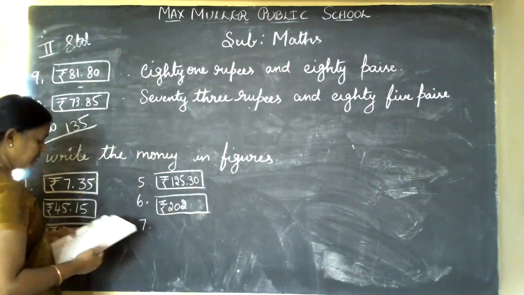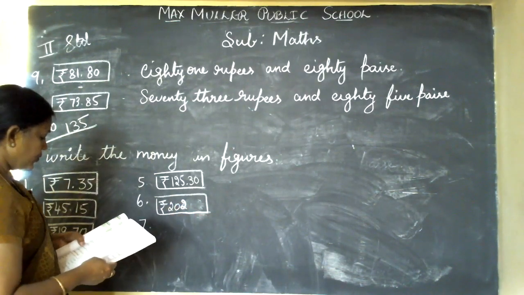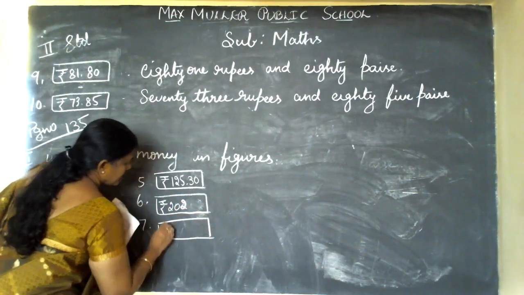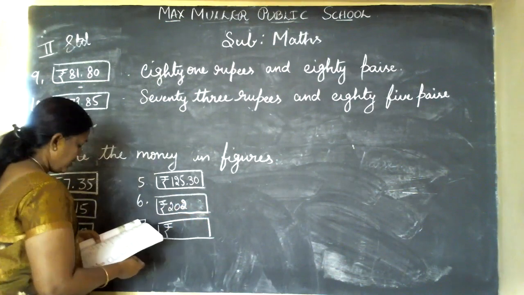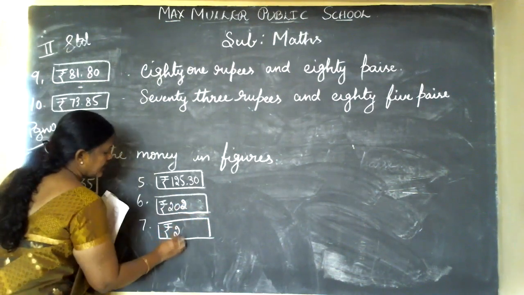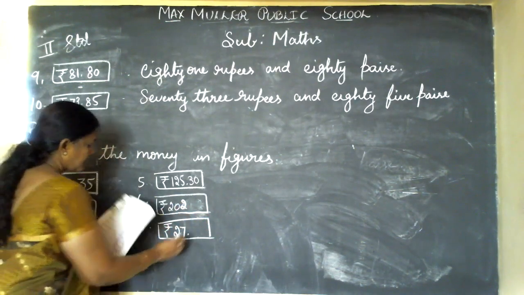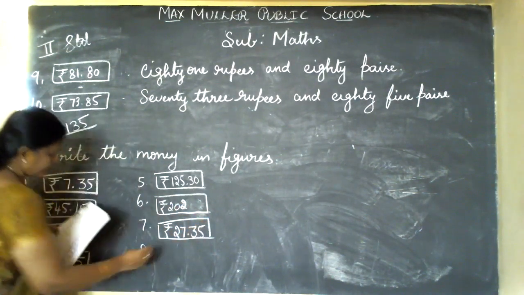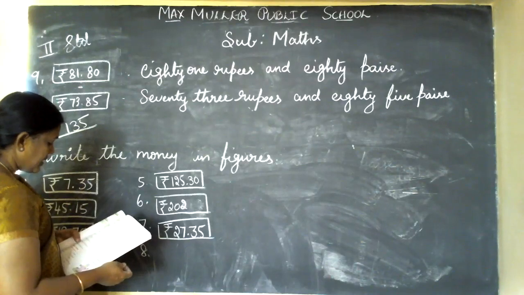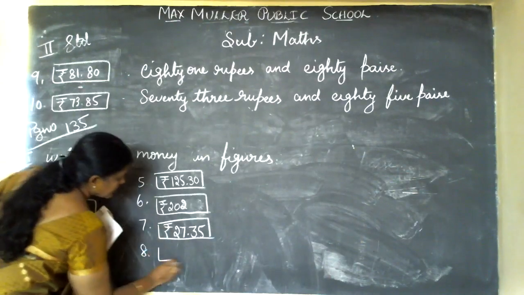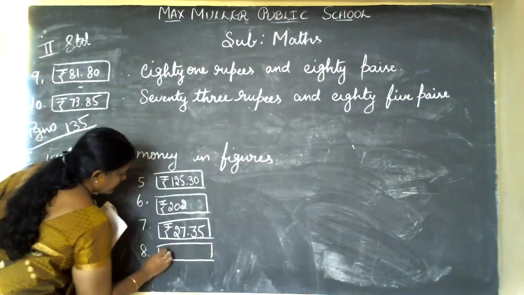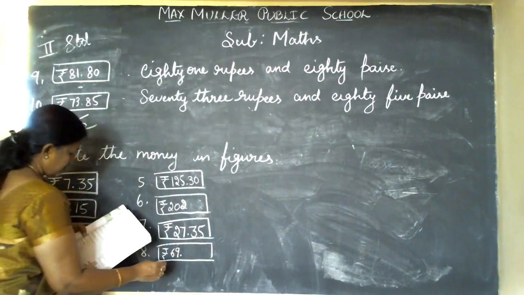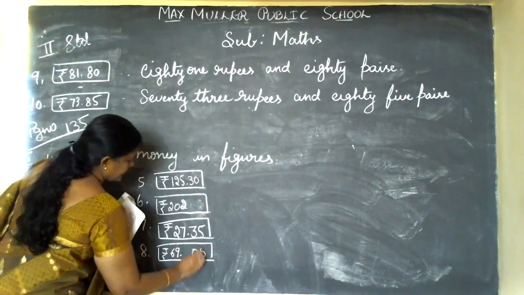Seventh one, 27 rupees and 35 paisa. 27 rupees, 27 dot 35 paisa. Eighth one, 69 rupees. Rupees sign, 69 rupees, 5 paisa.